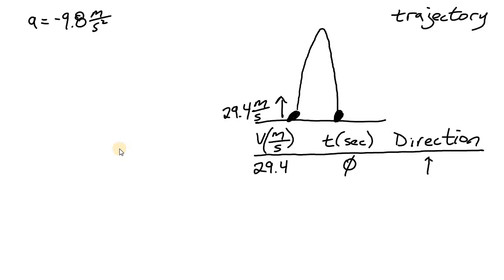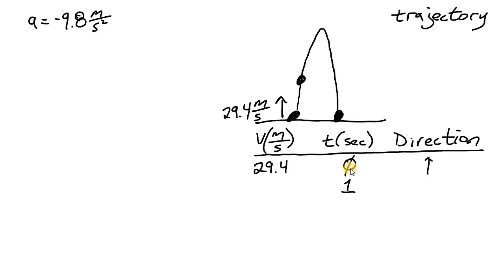Okay, so we know that acceleration due to gravity is negative 9.8 meters per second squared. And once again, what this means is for every 1 second, the object's velocity will change by negative 9.8 meters per second. That's what acceleration is. It's a change in velocity over a certain amount of time. So if our initial velocity is 29.4 meters per second at 0 seconds, then after 1 second, what is our object's velocity?